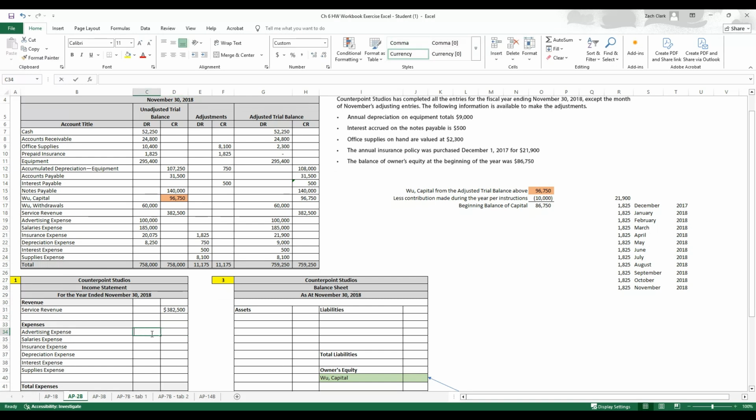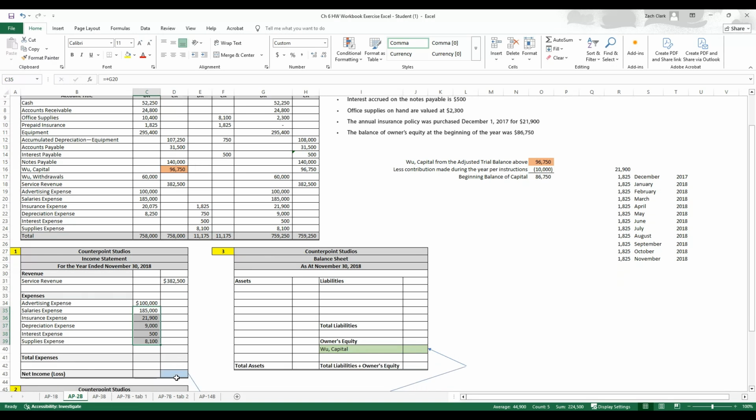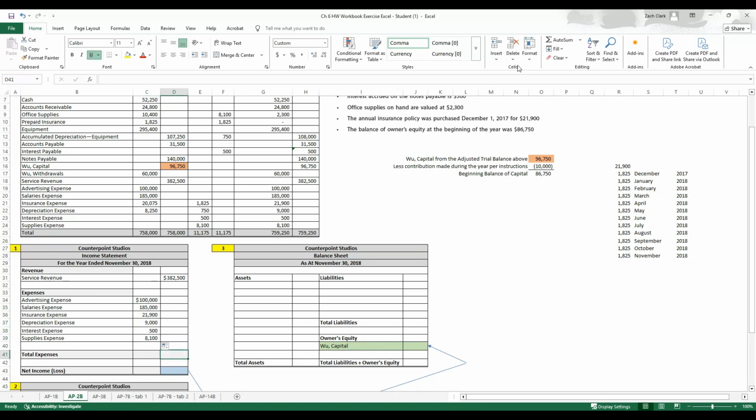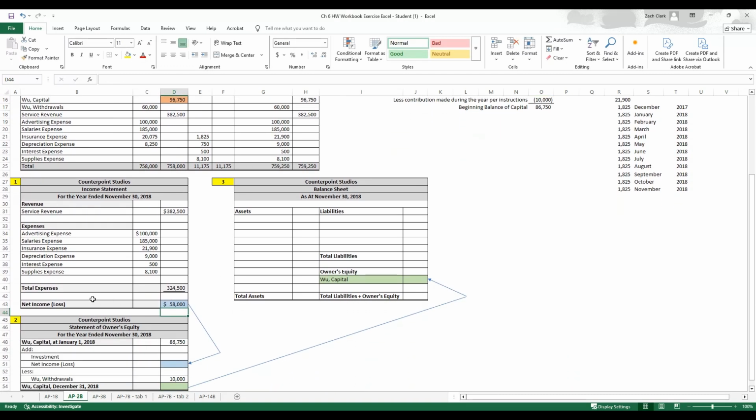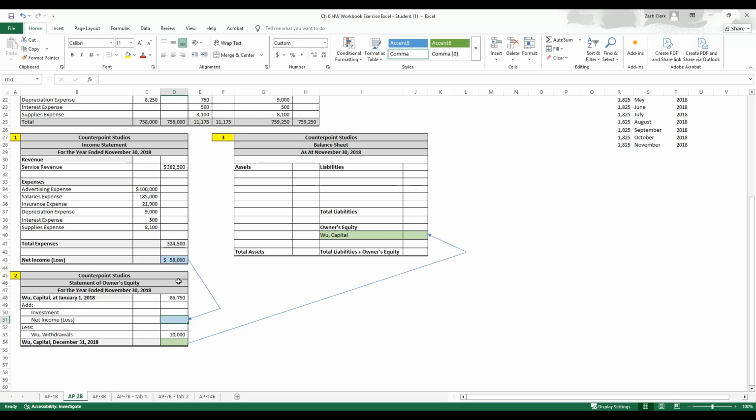And then again, we can just link into here, drag that down, supplies expense, and our total expenses become 324,500. Subtract expenses from revenue, and we made net profit or net income of 58,000. And we can just drag that down right away just to have it there.